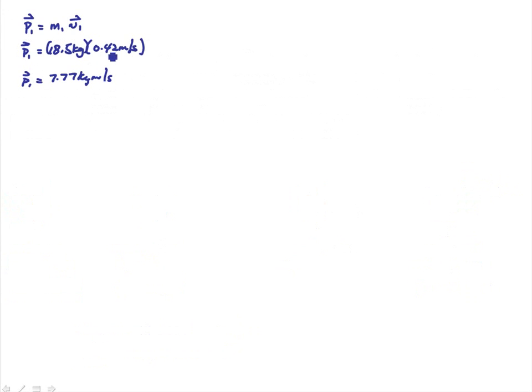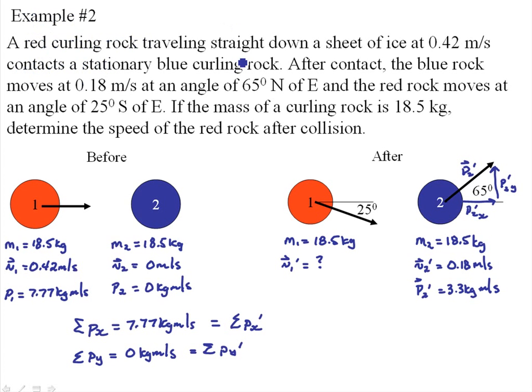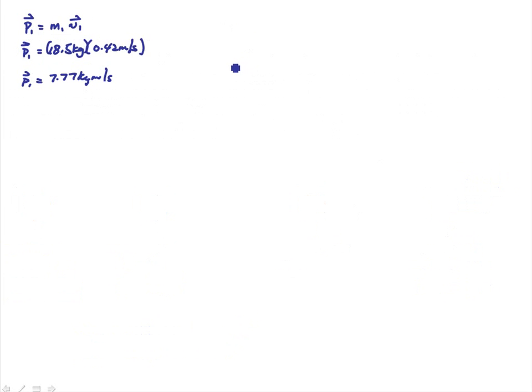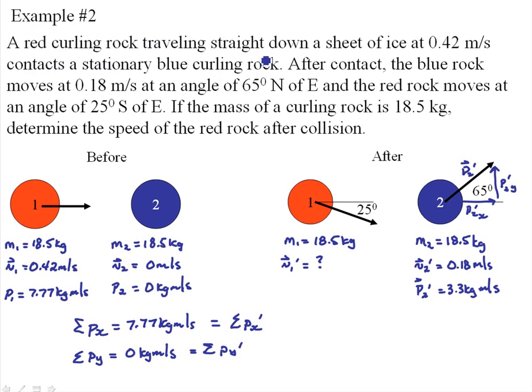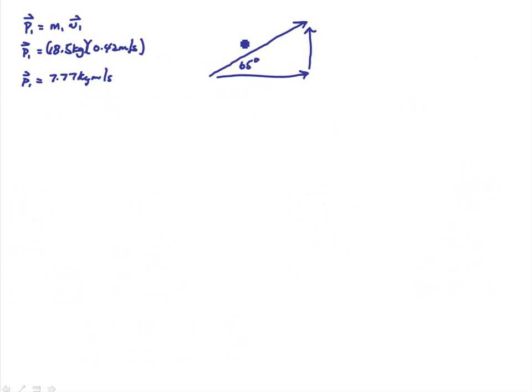So I'm going to take object 2 here and draw out that triangle a little bit bigger. 65 degrees was our angle, and what we want to do is break it into its x and y components. We were given a 65 degree angle, and we were given 3.3 kilogram meters per second as its resulting momentum.